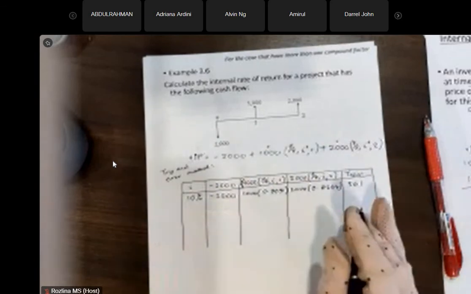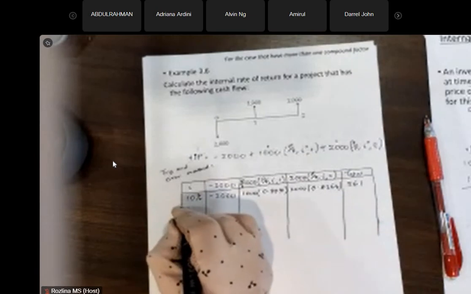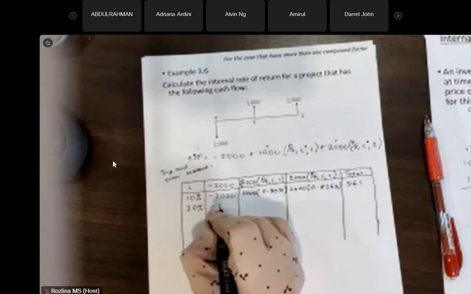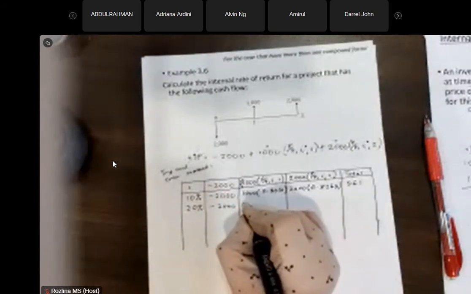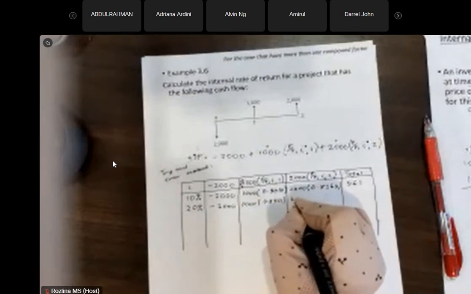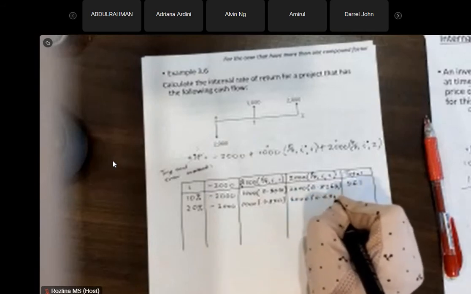Nampak ni try error. Okay, still positive yang ni. Okay, then you go to the 20% pula. Try error for the 20%. Same, 2,000. Okay, this one 1,000 times 0.8333. Okay, this one 2,000 times 0.6944.